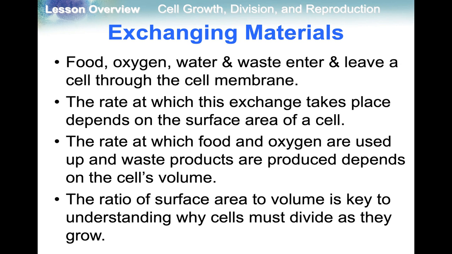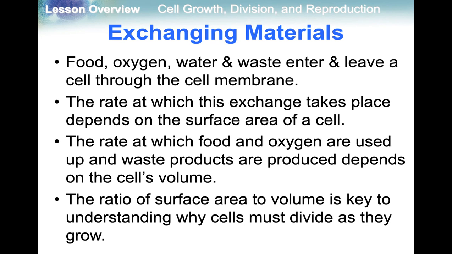The rate at which the food and oxygen are used up depends on how big it is, the volume of the cell. Now, the ratio between the surface area, what is exposed on the outside of the cell, to the volume is key in understanding why cells must divide.